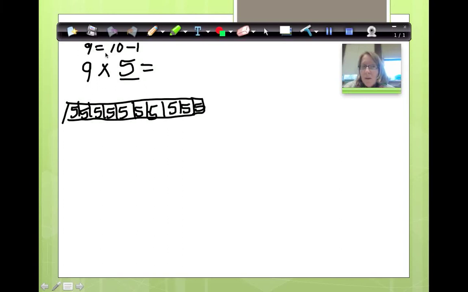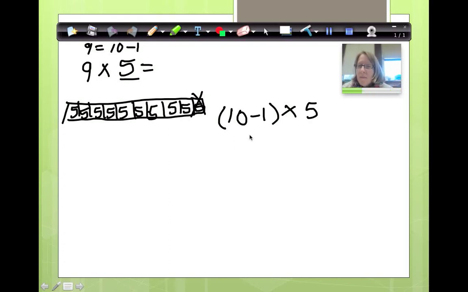But I'm doing the 10 take away 1 because that equals 9. This is 10 blocks. I need 9 blocks, so I'm going to take away a block. Okay, so now let's rewrite it. This is really 9 blocks, but I'm going to say it's 10 take away 1 blocks because that's what my picture shows. So it's 10 take away 1, and each block is worth 5.